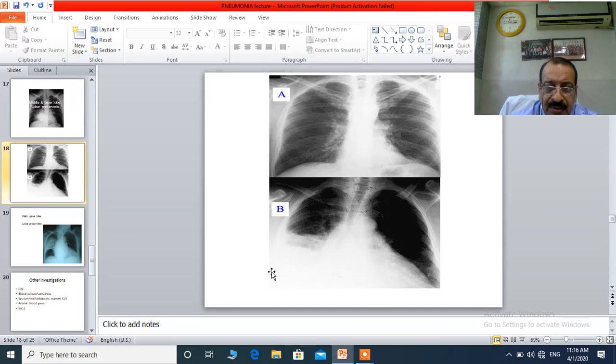At the same time, you can see that the angles have also been obliterated, particularly the costophrenic angle and cardiophrenic angle, indicating that there may be some parapneumonic effusion.